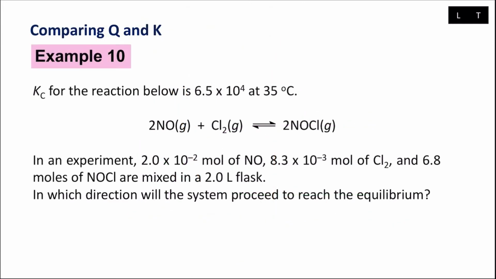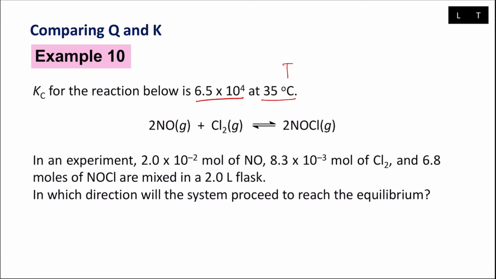Okay, saya ada sekarang one example macam mana kita nak pastikan reasoning yang kita belajar tadi, Q greater than K, Q less than K dan Q sama dengan K dalam bentuk calculation yang sebenar. Mari kita try example 10. So example 10, awak ada value untuk Kc dan dia sudah beri temperature is 35 degrees Celsius.